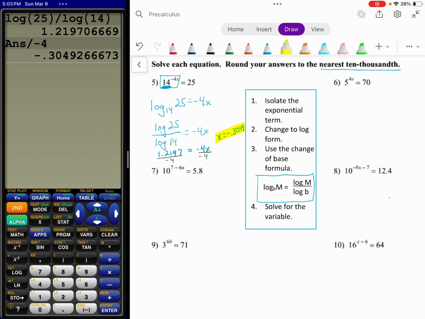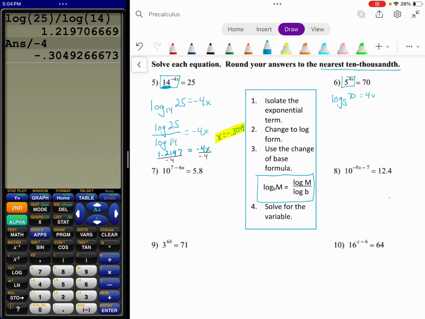Jumping over to number 6, it's going to be very much the same. So we don't have to isolate the exponential. It's already by itself over here. So we're going to change to log form, step 2 here. This is log base 5 of 70 is equal to 4v.